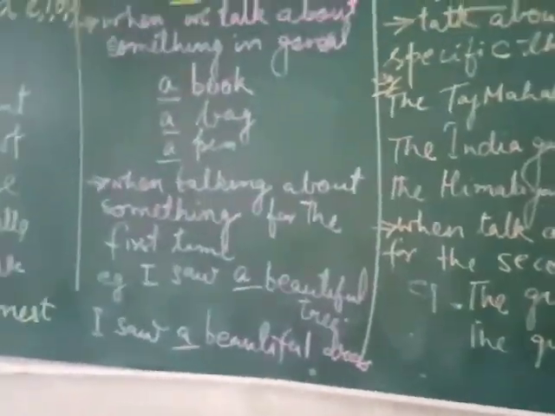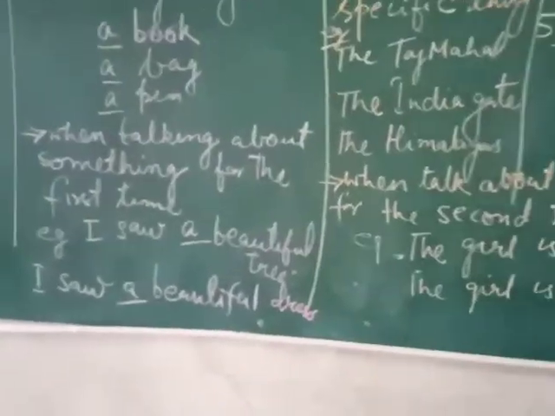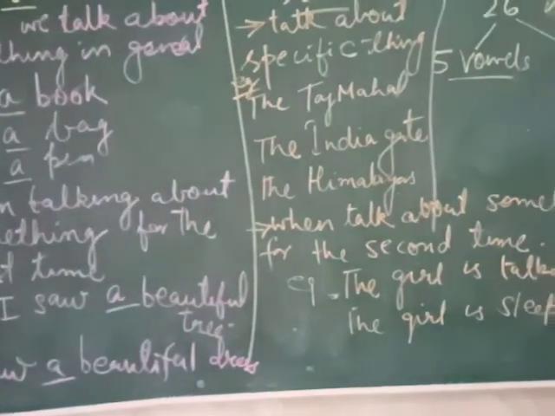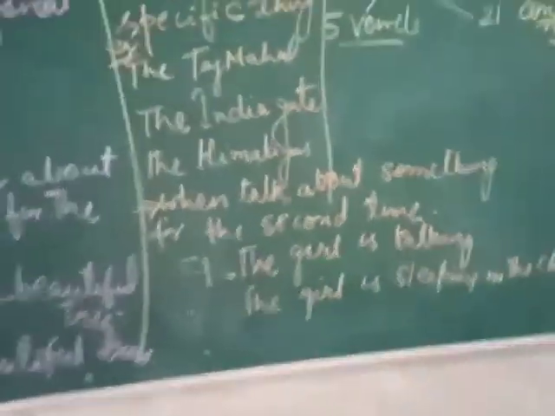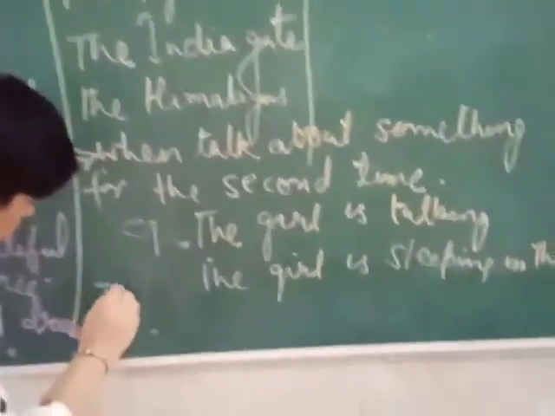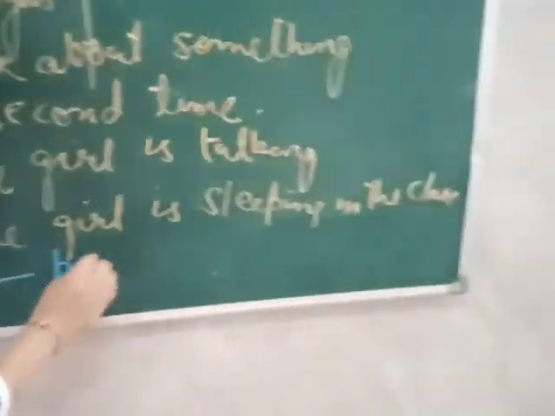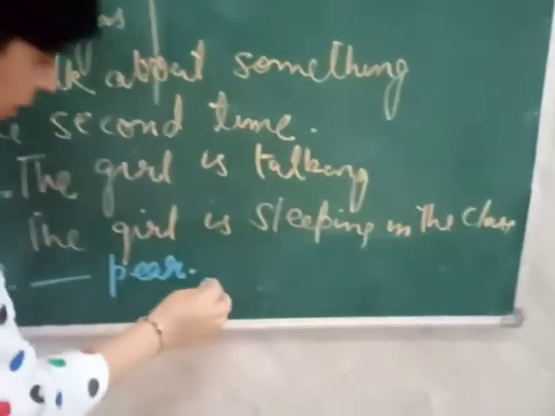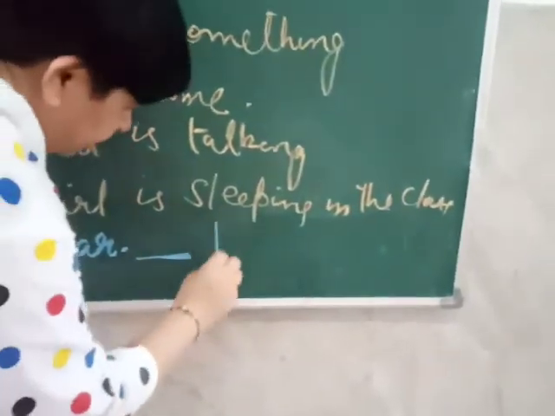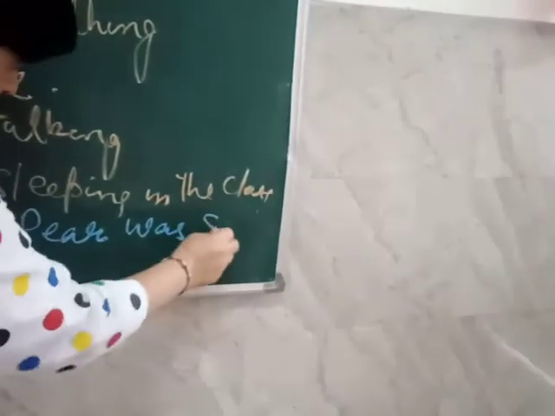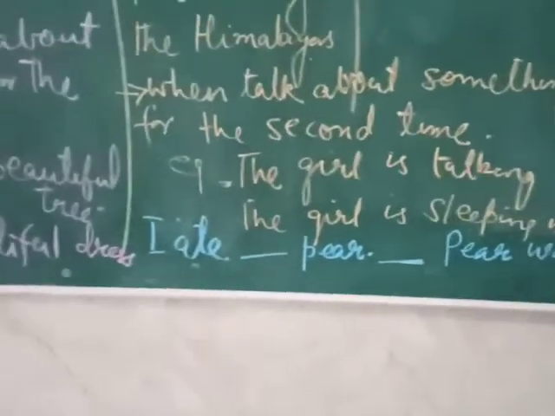Now one sentence I give you that you will complete yourself. I ate dash pear. The pear was sweet. अब बताओ, I ate dash pear.